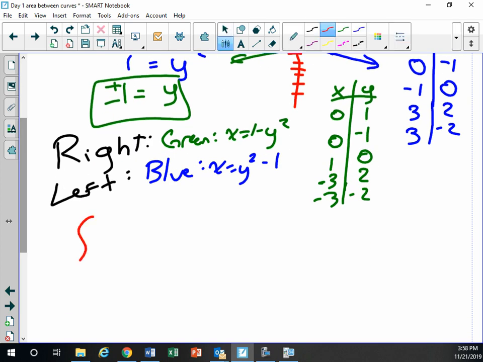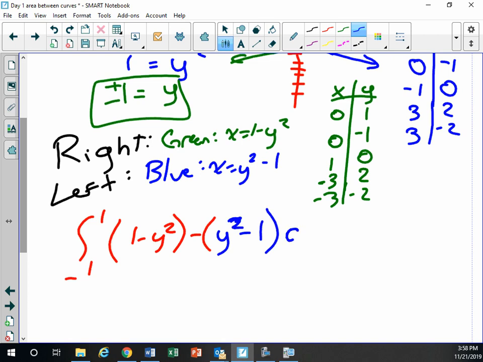So I'm integrating negative 1 to 1 of my right, 1 minus y squared, minus my left, y squared minus 1, dy. And you all can finish that. You know how to integrate from there and simplify that. And those are the notes for today.